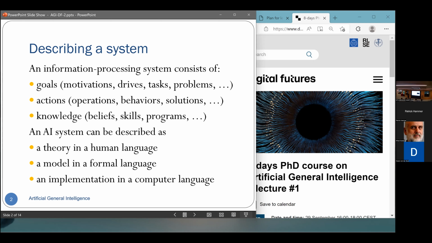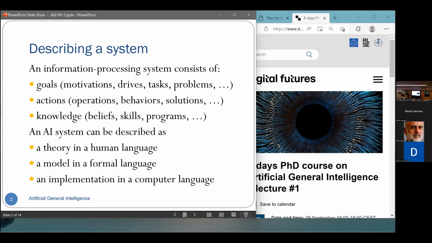Meaning that if it's a pure software implementation, then it will be described in a programming language. If it's a software-hardware combination, you also need to have a device. In general, we just say you need some kind of computer language, or more than one.